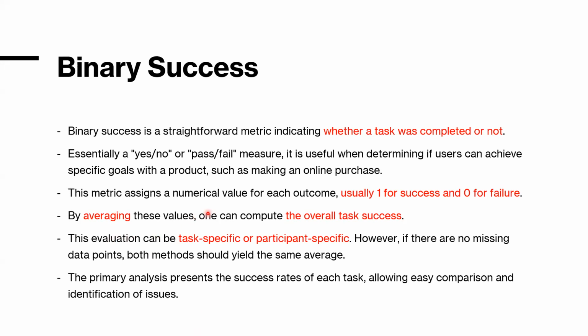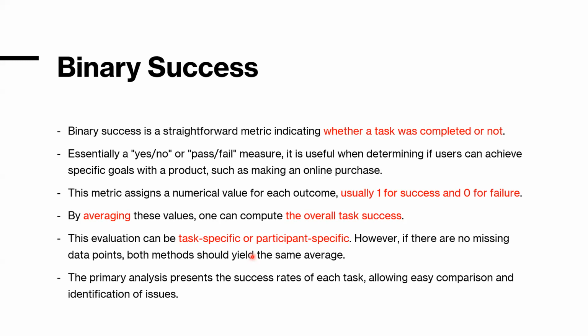When you're deciding binary success, it can be task specific. It will be task number one, number two, login, registration, search products, make payment, and so on, right? You can measure it based on the specific task, or maybe based on the participants.